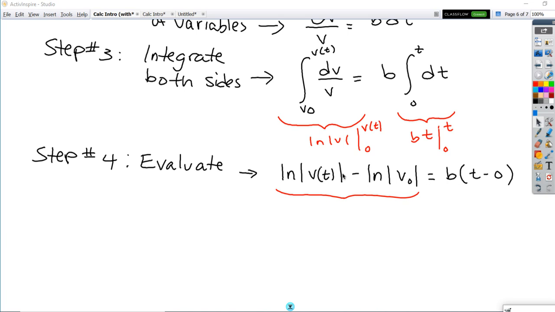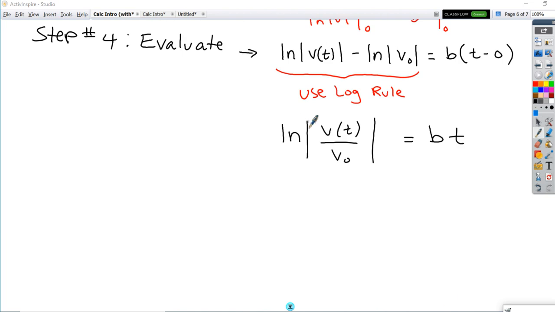But remember now, we're looking for v at t. So there's two things that we could do. First thing is going to be using a log rule to simplify this difference. And then we have to solve for v at t. So here we have, using the log rule, the difference is the same as the natural log of the quotient of the two terms. And that equals bt.